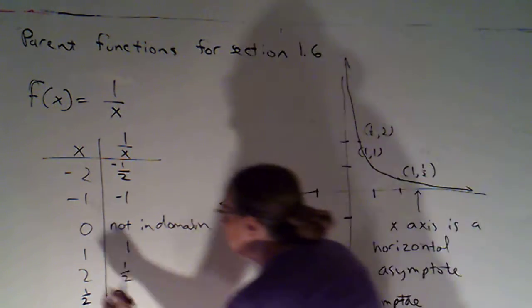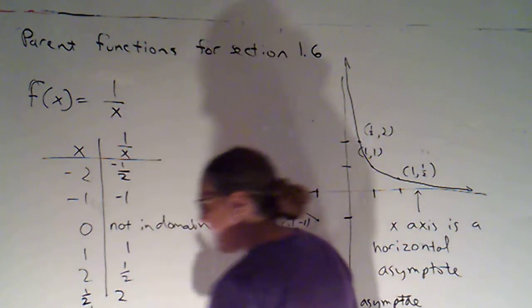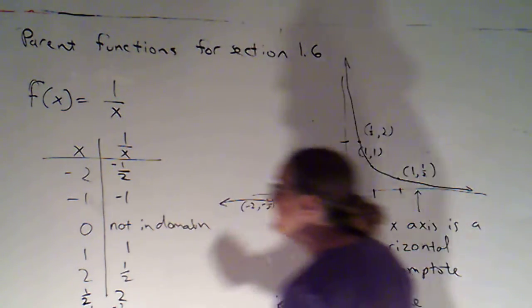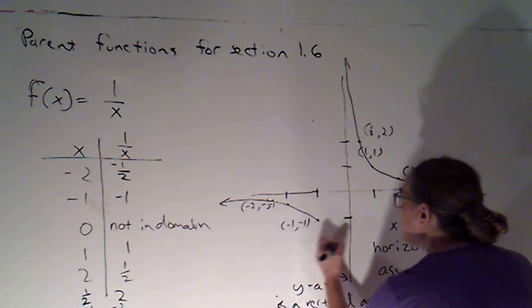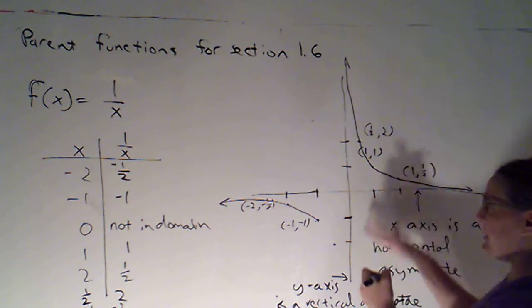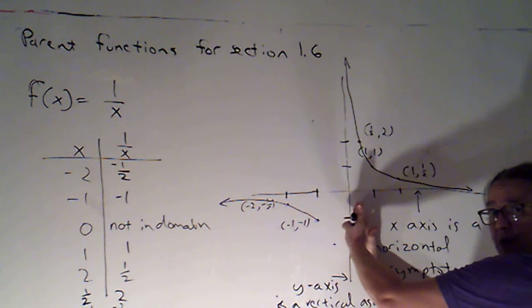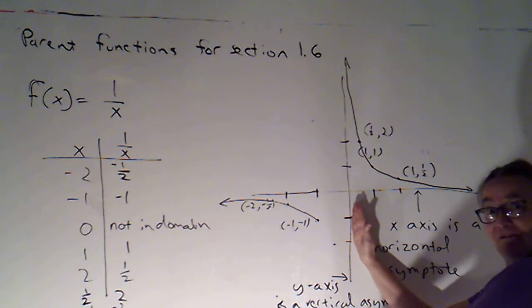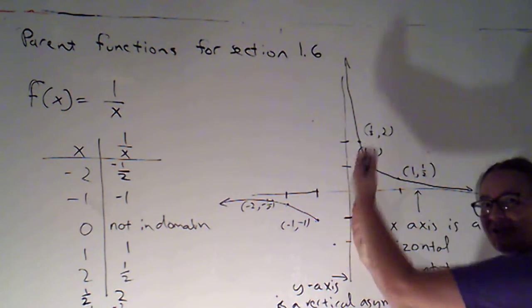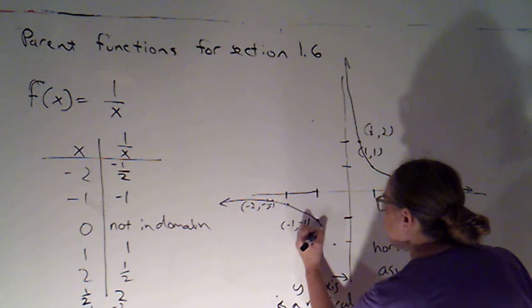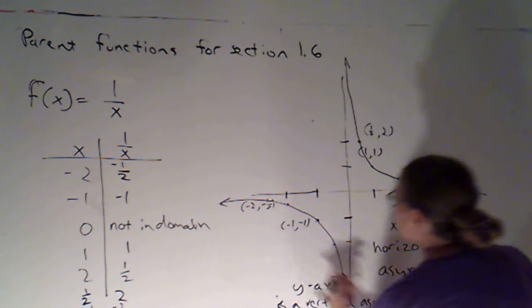And then if I were to plug in -1/2, that reciprocal would be -2. So I'm noticing that I'm really getting a mirror image of what's happening here. The closer I get to 0, the more negative my y values are getting. They're still negative, but their absolute value is getting bigger.